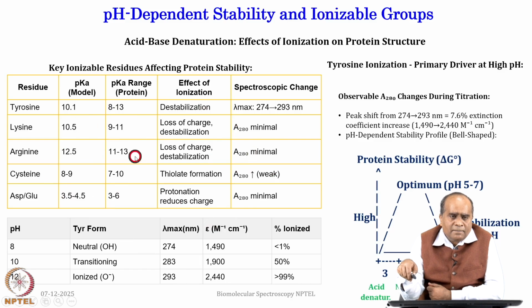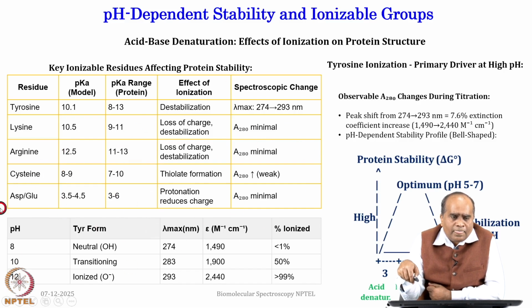For cysteine, the model pK is 8 to 9, and the range is 7 to 10. Thiolate formation happens and the 280 absorption increases weakly. Aspartate and glutamate are negatively charged amino acids. Their range is 3 to 6, and protonation reduces the charge.